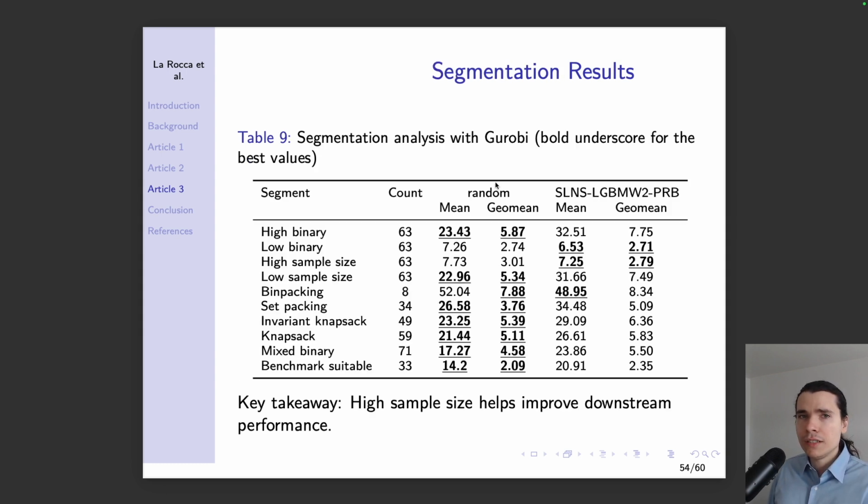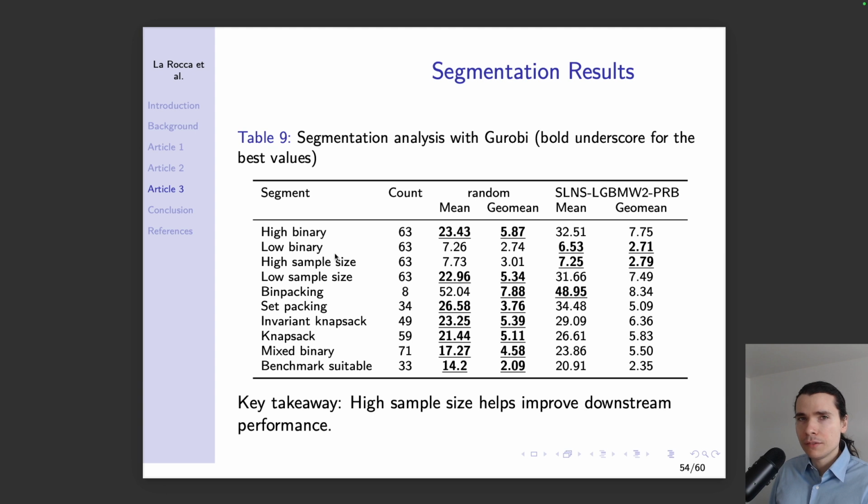We also studied different segments of the MIPLib dataset. Here, for example, we have bin packing instances from the MIPLib dataset. We have 8 of them. And here we compare random versus SLNS, our best performing algorithm. We can see that we outperform random only on high sample size and low binary instances.